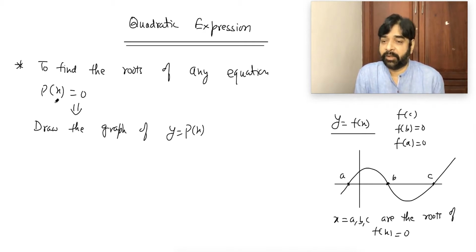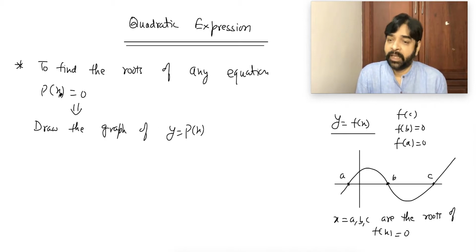Be clear, try to understand the difference between these two terms. This is the equation and this is the expression. Suppose p(x) is cubic, the maximum degree of p(x) is 3, so this will be a cubic equation and this a cubic expression. If p(x) is quadratic, this is the quadratic equation and this is the quadratic expression.